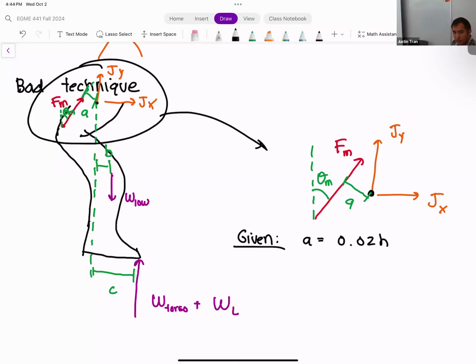Everything here is going to be measured relative to the height of the person. B is going to be 0.08 h, and C is going to be 0.12 h.